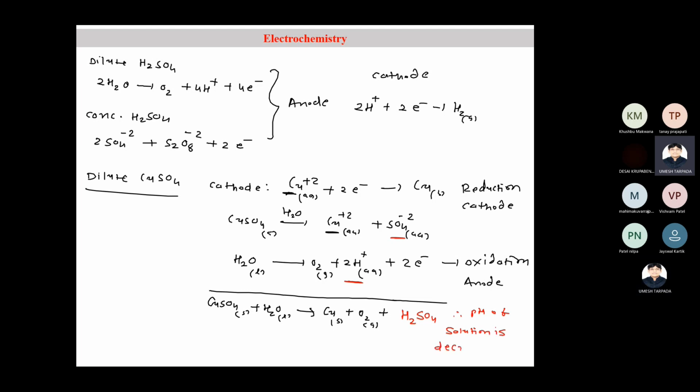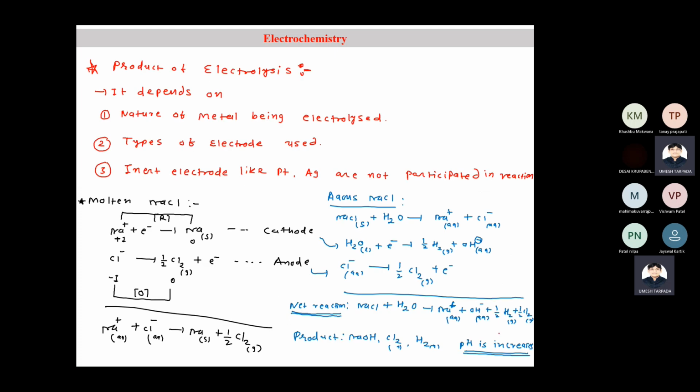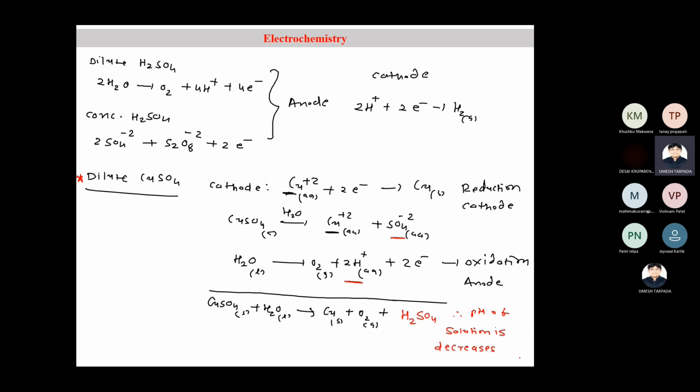decreases during electrolysis. Okay, in electrolysis of CuSO4, pH decreases. The reason is formation of H2SO4. In case of NaCl, pH of the solution increases because of formation of NaOH base. So pH increases there, but here it decreases because here acid is formed.